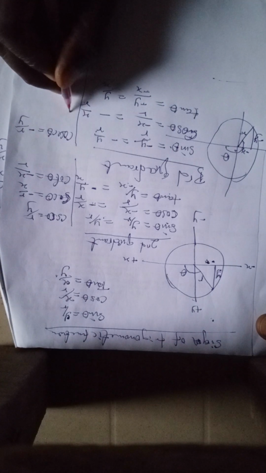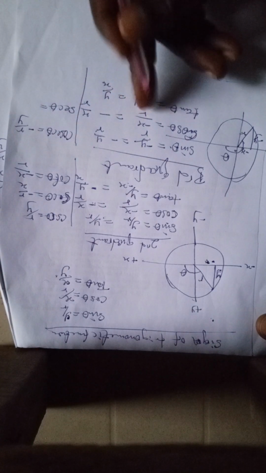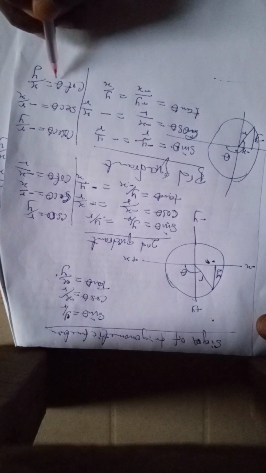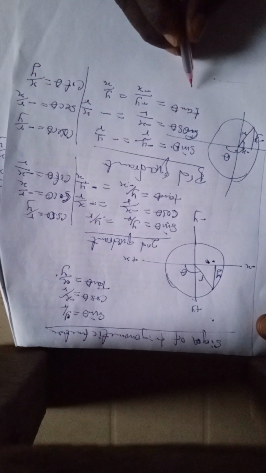For cos, sec theta is minus r over x. For tan, cot theta is x over y. Since tan is positive, cot is also positive. This happens in the third quadrant.